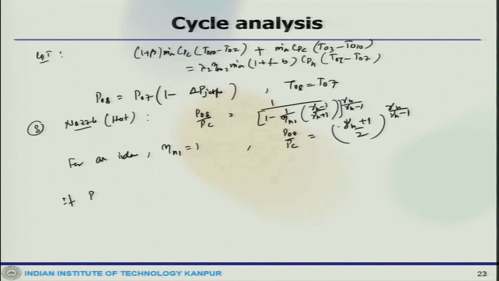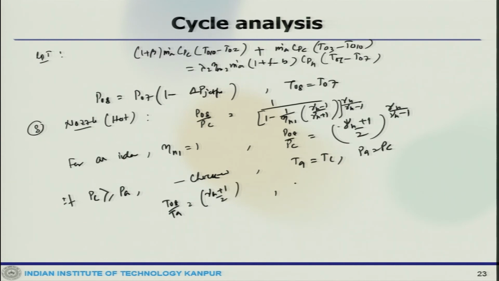Now, if Pc is greater than Pa, then the nozzle is choked and the temperature and pressure of the gases leaving the nozzle are critical values. So T9 would be Tc, P9 would be Pc, which is obtained from T naught 8 by T9 equal to (gamma_H + 1)/2, and V9 would be the square root of gamma_H R T9.